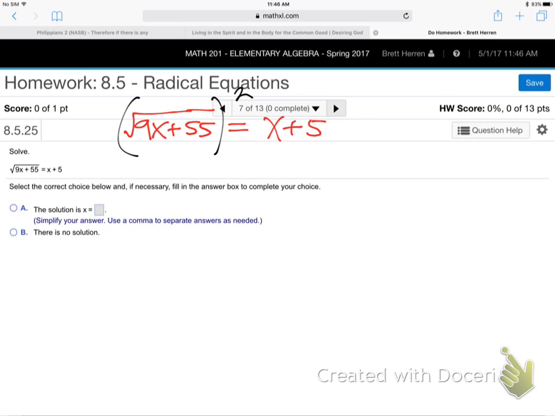So parenthesis 2 power, parenthesis 2 power, right?